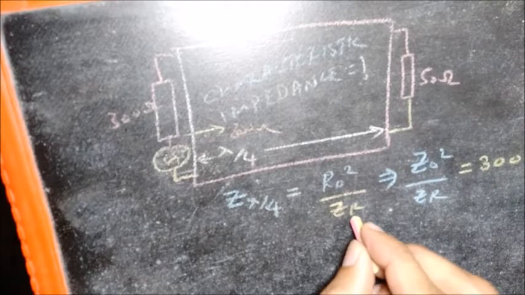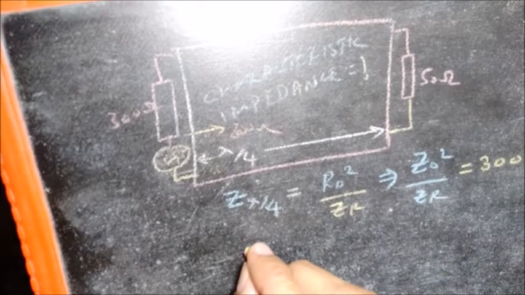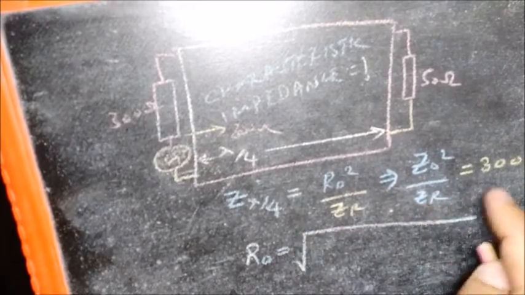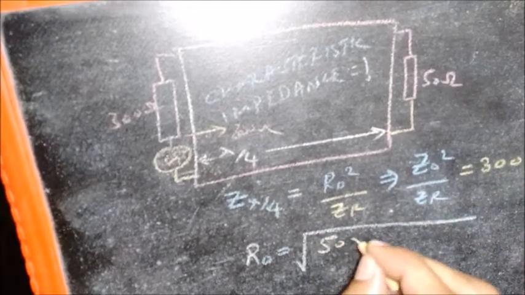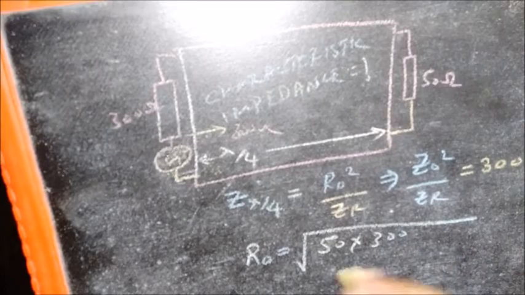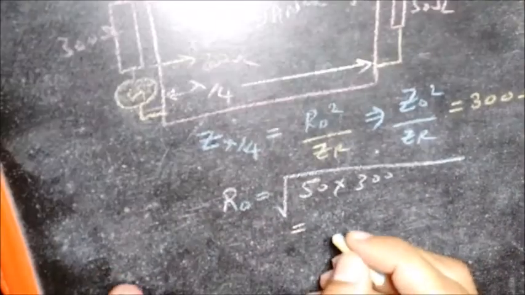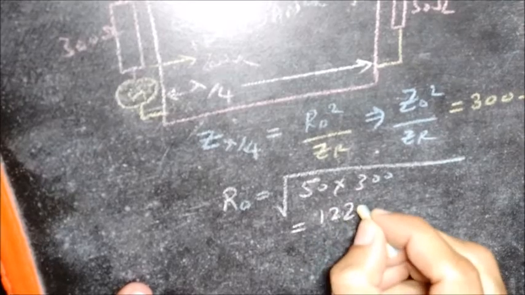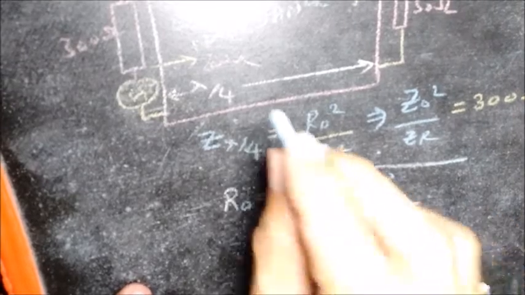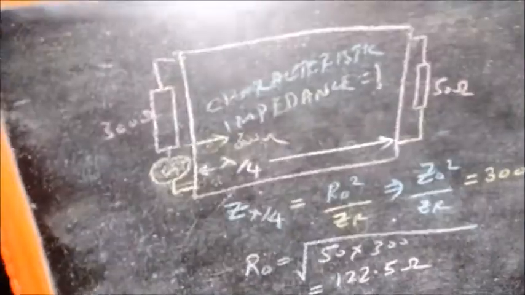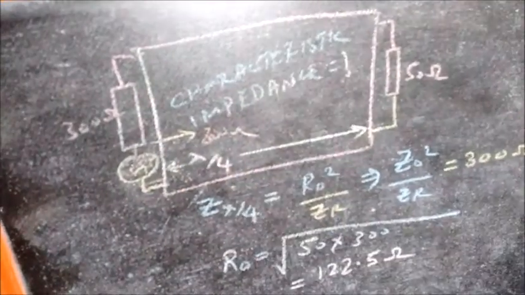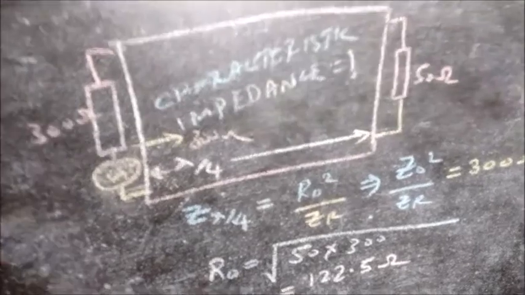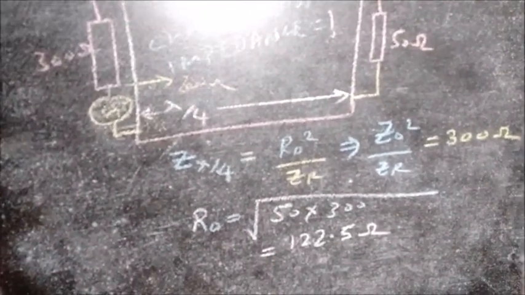That means the characteristic impedance has to be square root of 50 into 300 ohms, which can be readily calculated as around 122.5 ohms. So that has to be the characteristic impedance of this line. And if we can have such a microstrip transmission line fabricated, we have solved the problem.